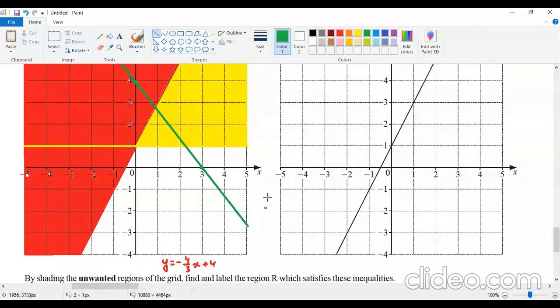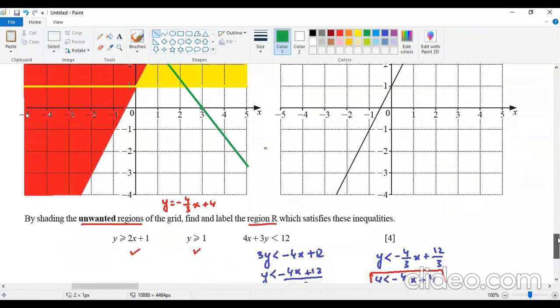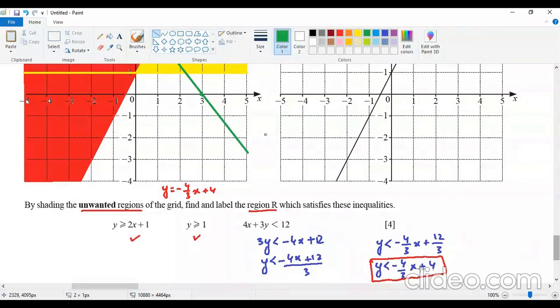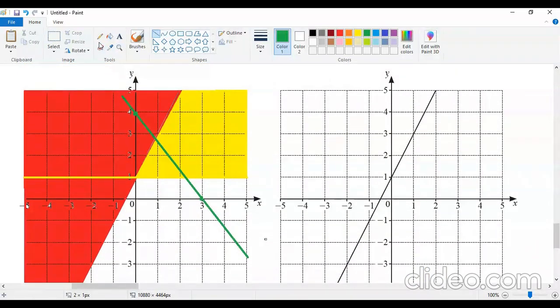Okay, now these three lines are there, and you need to shade everything below it, less than. And remember, as I reminded you, this line is going to be a dotted line, so I will make it dotted. This cannot be a solid line, so please be reminded that once you are making a dotted line, it should not be solid.